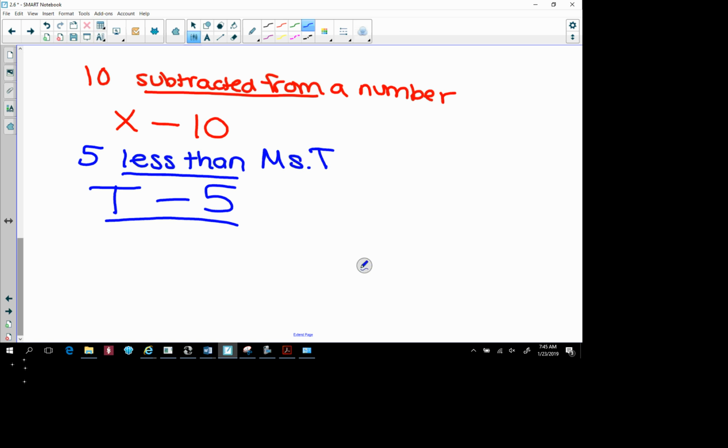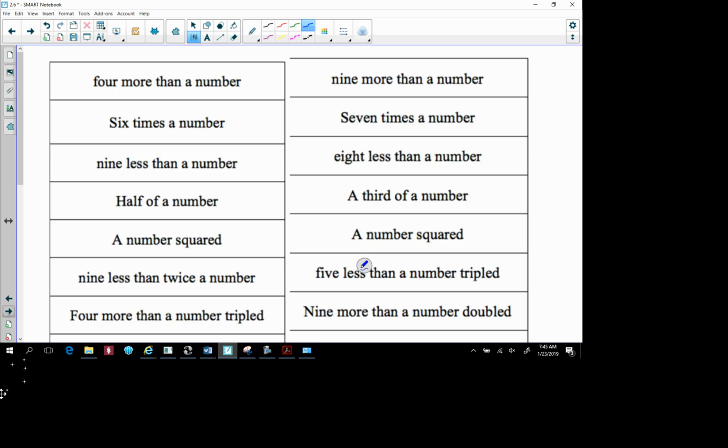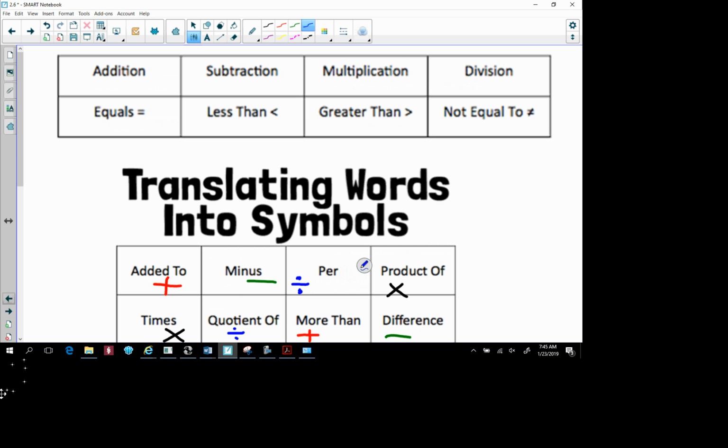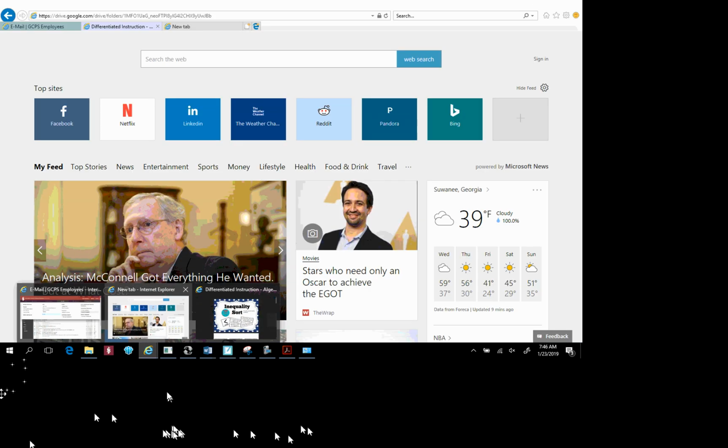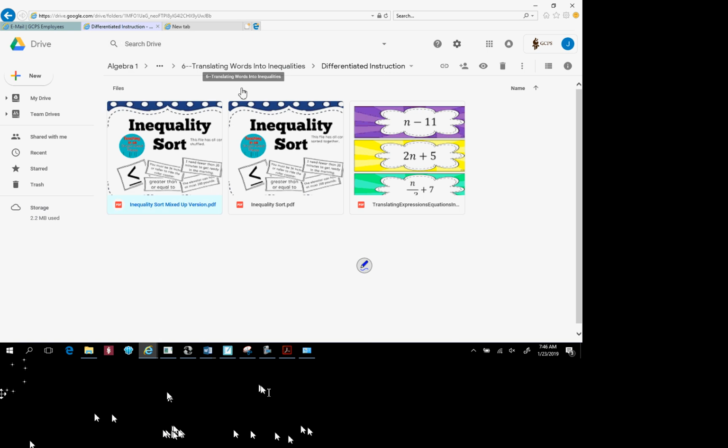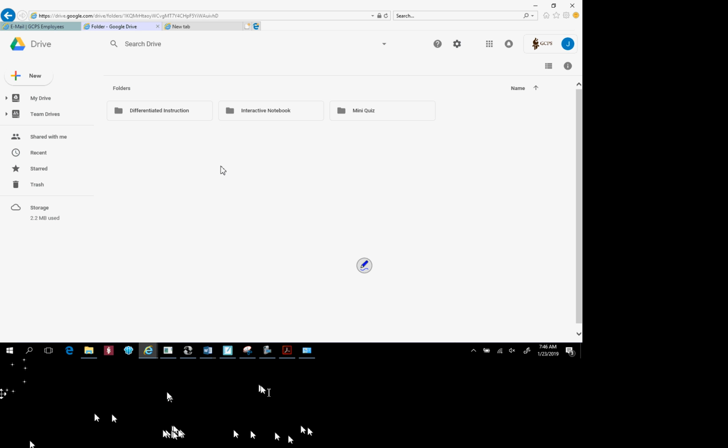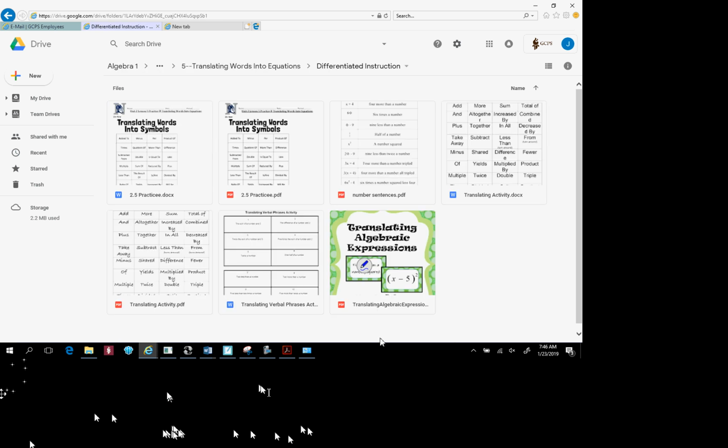So now we're just going to practice writing expressions. We're going to go to the next page that says translating words into expressions. So go to that translating words into expressions. Looks like this.